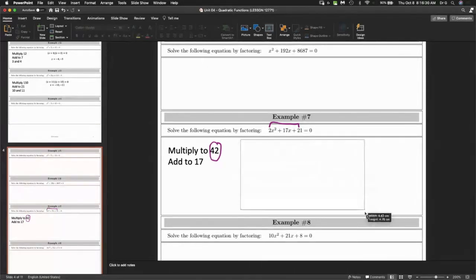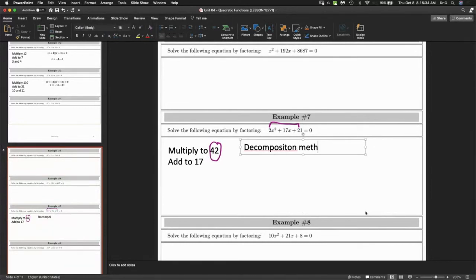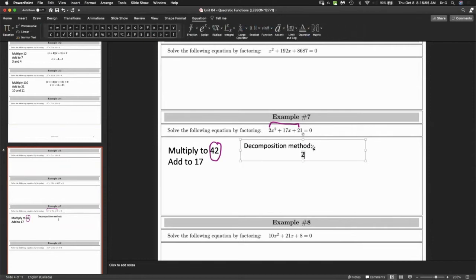For this one, I'm going to remind you about something called the decomposition method.